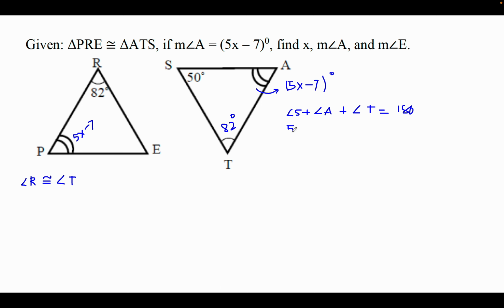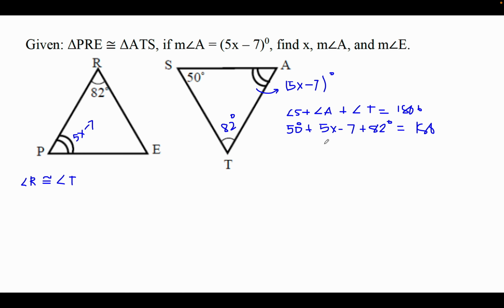Substitute lang natin. So, 50 degrees plus angle A is 5x minus 7. And angle T is 82 degrees. So, it depends on you kung anong unahin nyo. It does not necessarily follow na angle S talaga yung una. You can start with angle A or angle T. Depende yan sa inyo. So, 180 degrees.